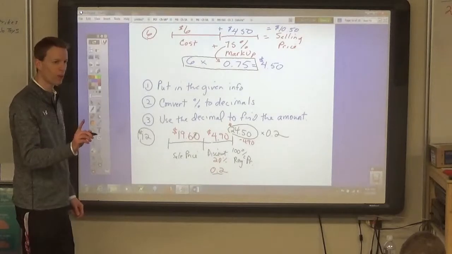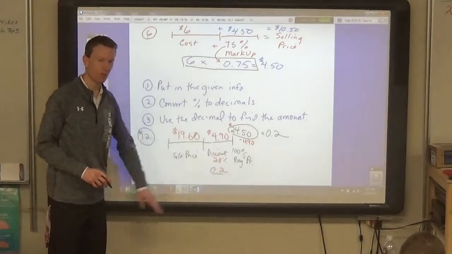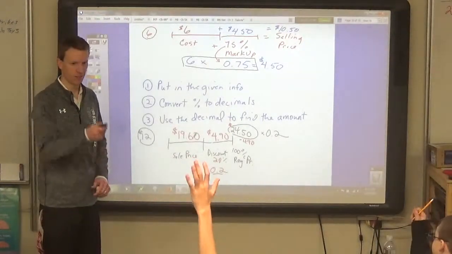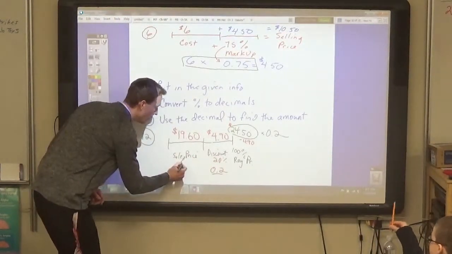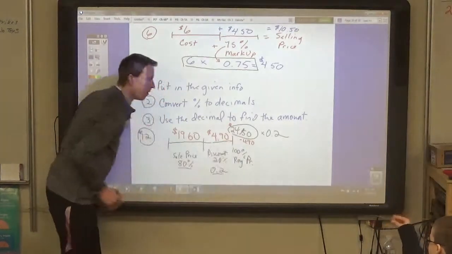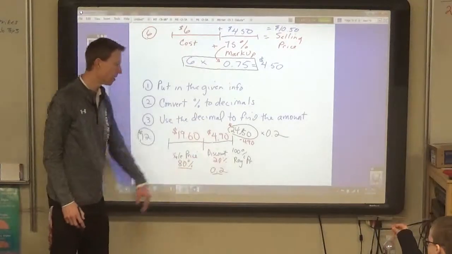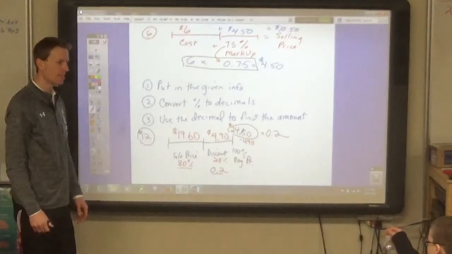All right, hold on, one more thing. If this is 20%, what is the remaining percent? 80. This is 80%. So this sale price is 80% of the regular price. Or we're finding a discount of $4.90, right?